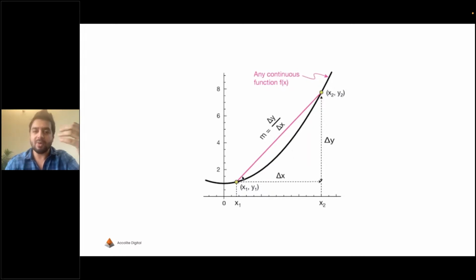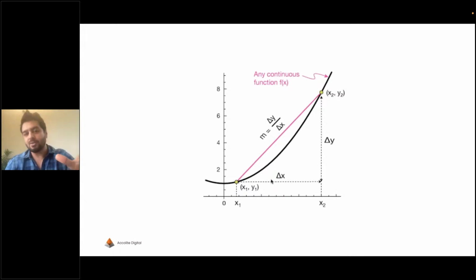If you look at this pink line, it might tell you the slope is 45 degrees, but in reality, if you're standing at this yellow dot, you will see that the slope is not 45 degrees. So this method of finding the slope, y2 minus y1 over x2 minus x1, is not really useful. That's where calculus comes into the picture.